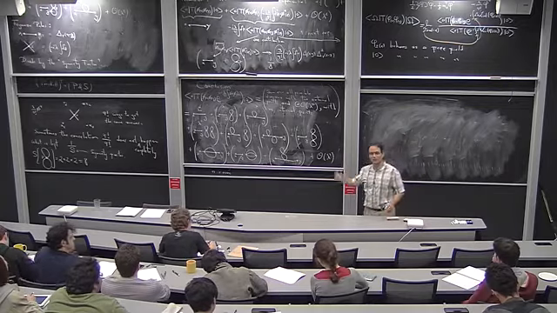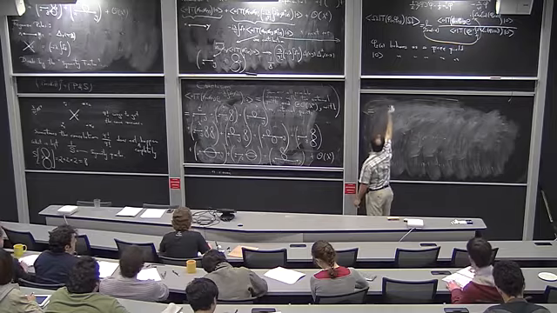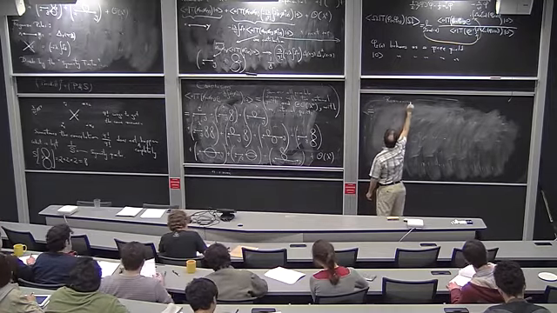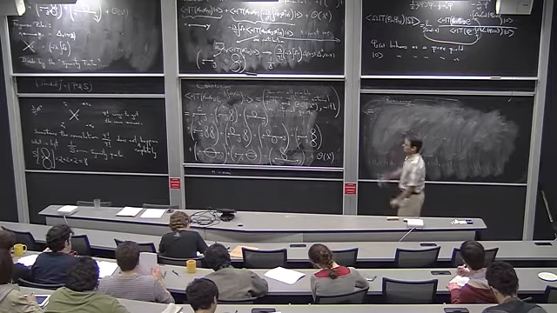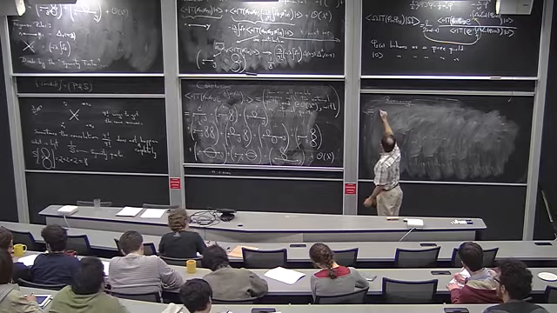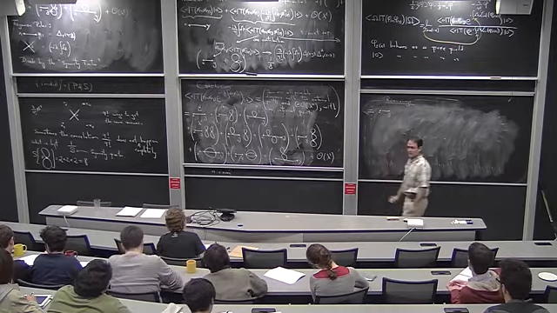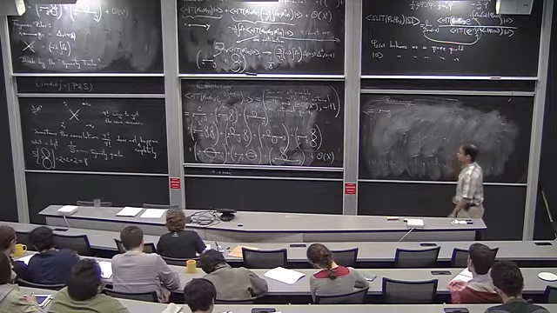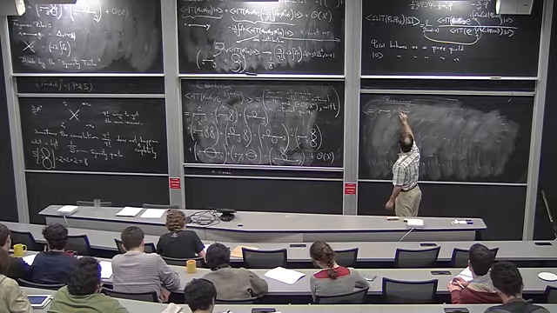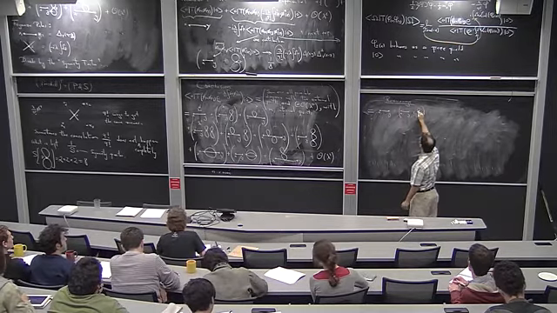I want to rearrange these diagrams a little bit, okay? And here is how I'm going to do it. I'm going to have xy plus xy plus this guy. Sorry.